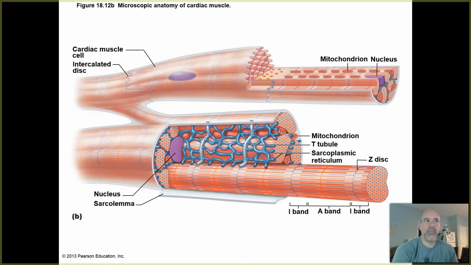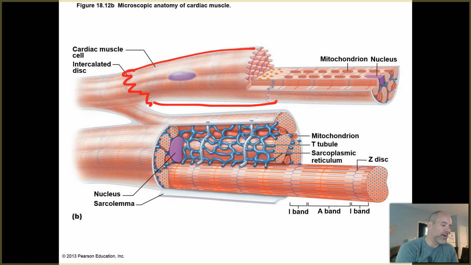Okay, and here's a pretty nice diagram from your textbook, which is blowing up a couple of cardiac muscle fibers for us. Over here is one cardiac muscle cell, or muscle fiber, and there's an intercalated disc between this cell and the next one over here.